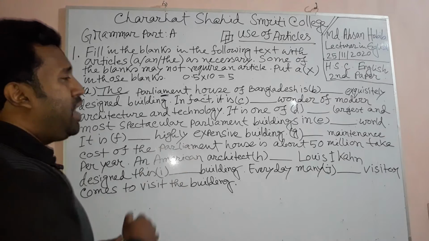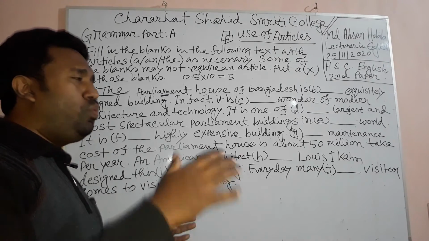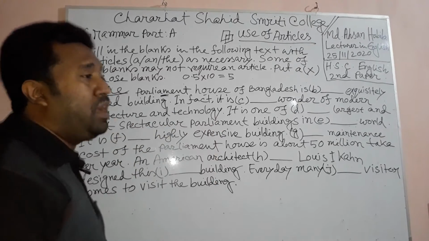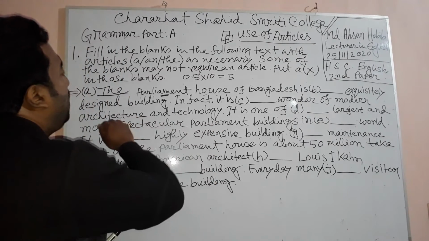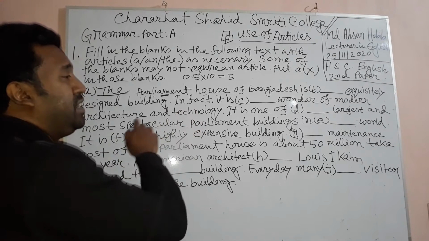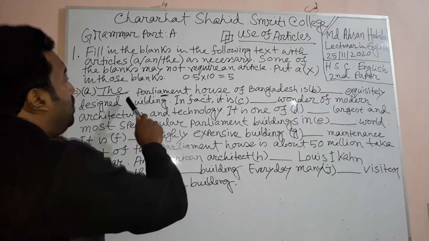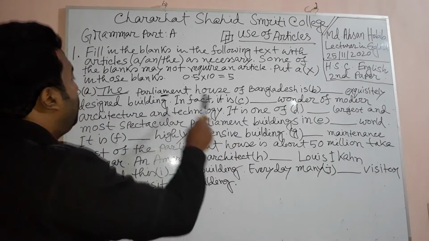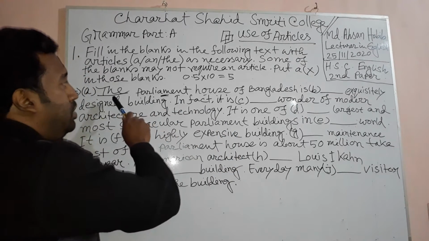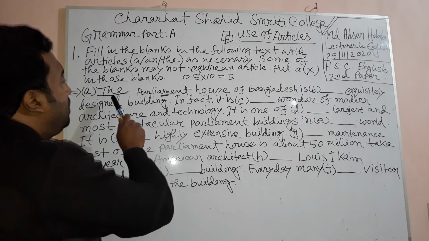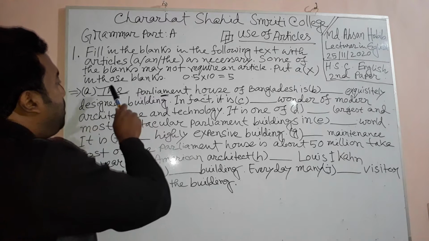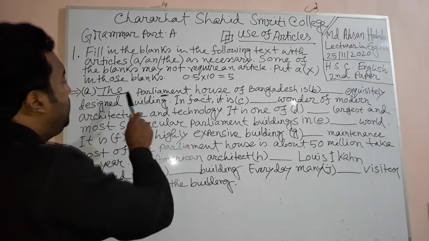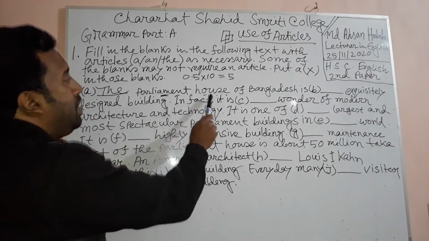We do not have two parliament houses. We have only one, and that is definite, and before a definite thing we have to use the. So this is the reason I have put the in front of Parliament House. So the right answer is the Parliament House.